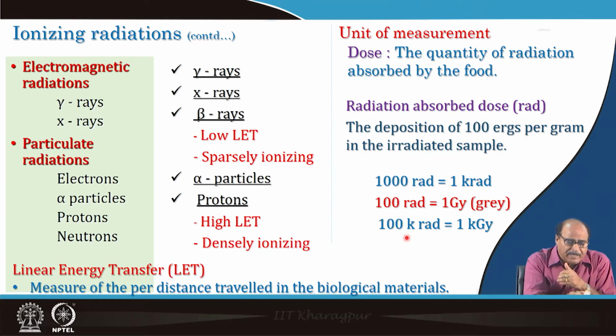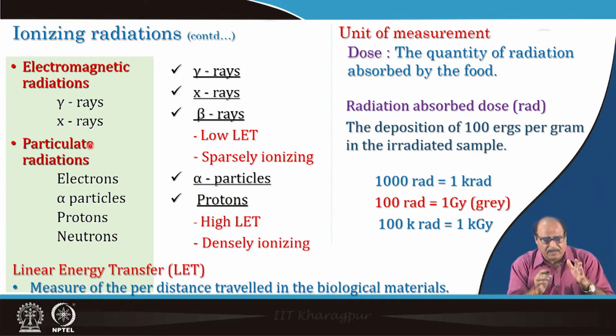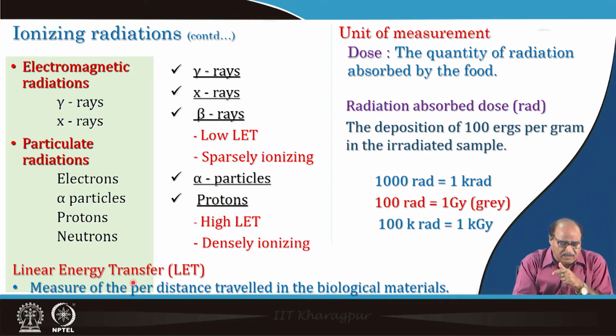The ionizing radiations may be electromagnetic radiations or particulate radiations. Mostly, gamma rays, X rays and beta rays are the ones which are generally used. The gamma rays, X rays and beta rays have a low LET value. LET is the linear energy transfer, a measure of the energy dissipated per distance travelled in the biological material.